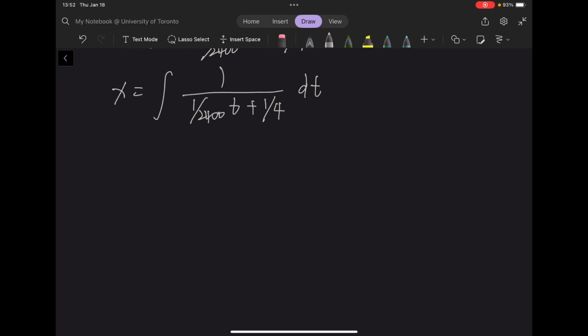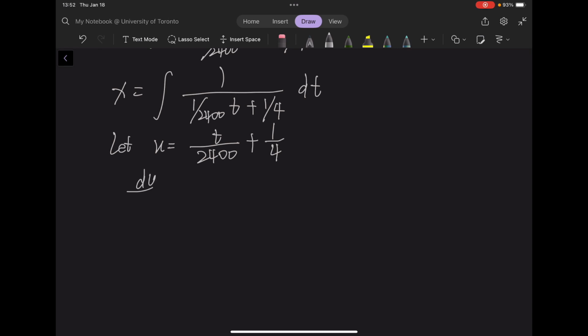We should use the substitution method again right here. We let u is equal to t over 2,400 plus 1/4.